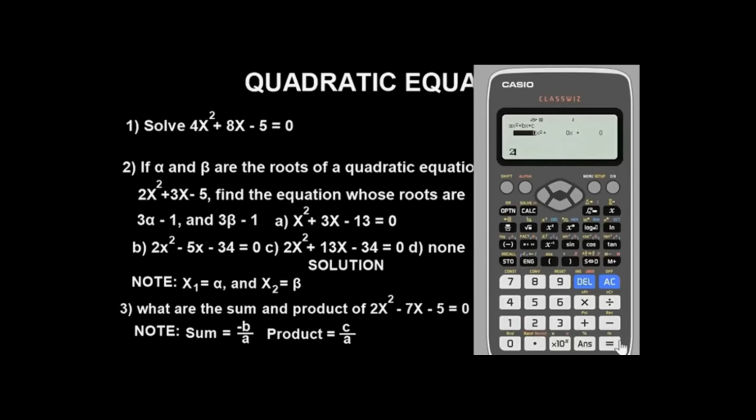Is 2. The coefficient of minus 5x is what? Minus 5. The sign is very, very important, guys. Sign can make you fail a question. So you have to be careful with sign. Don't neglect it. So the constant, you have it to be what? Minus 34. Yeah, that's 34. Press equal to, and no, this one is not correct.